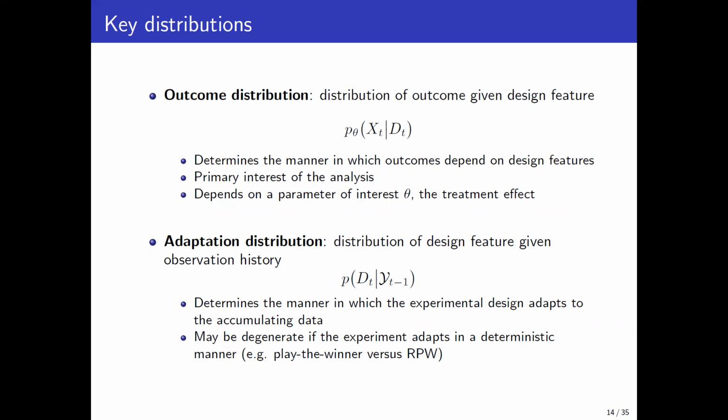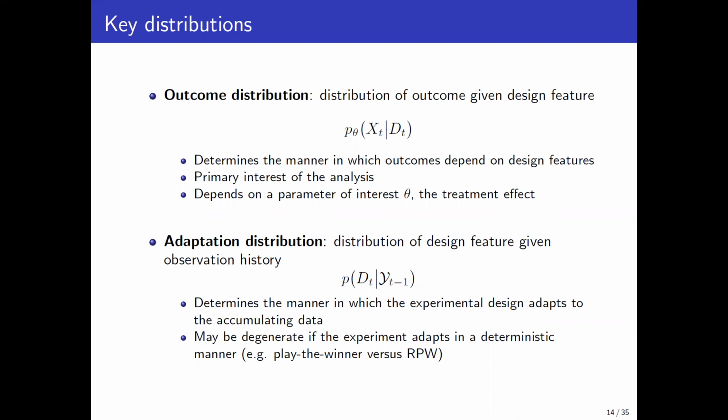The first is what we'll call the outcome distribution, which is the distribution of the outcome response given the design feature, such as the treatment. That determines the manner in which the outcomes depend on the design features, and is usually the thing we're most interested in. It'll depend on a parameter of interest, which we'll call the treatment effect.